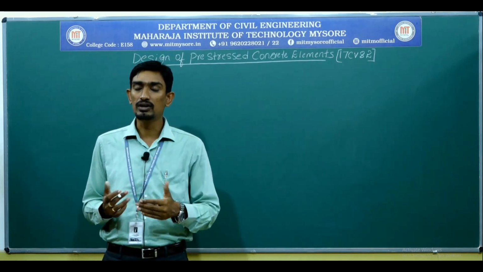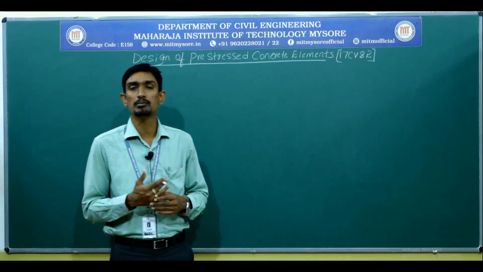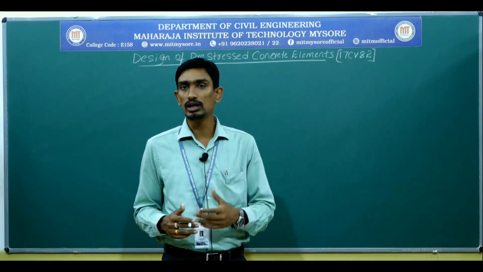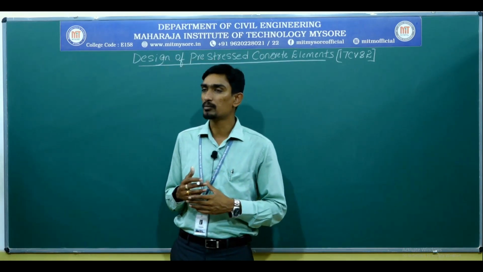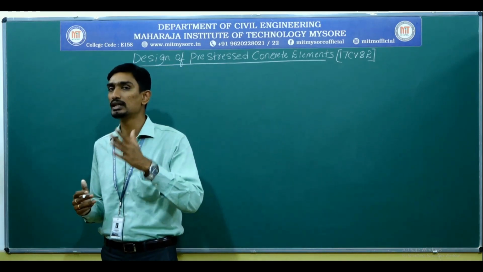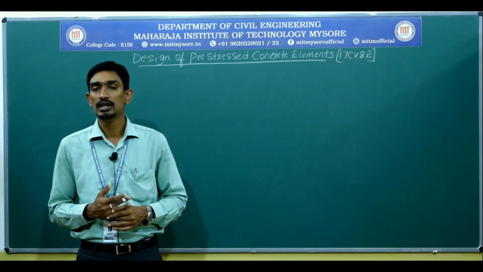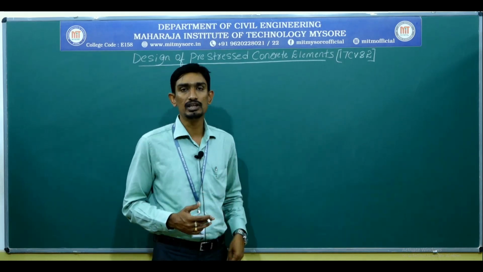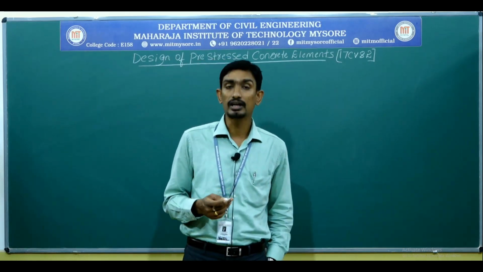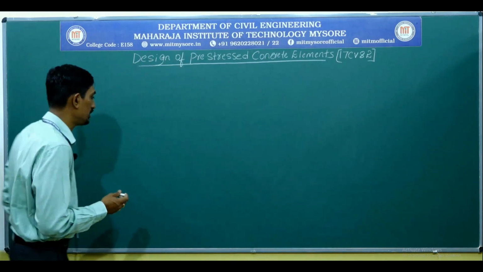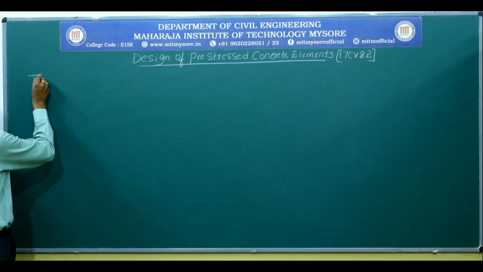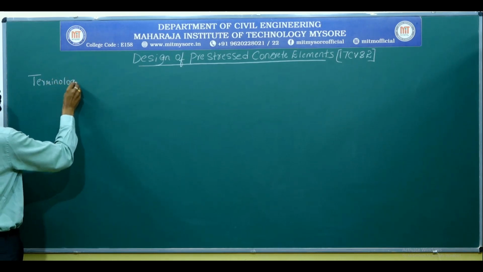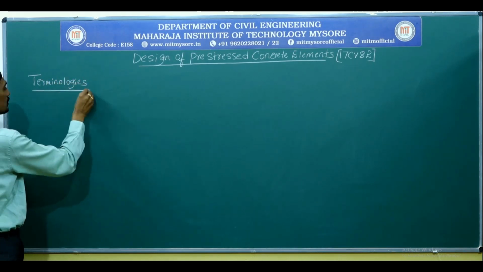If you learn these terminologies, you will be more familiar with this. Not only this, we are going to use these terminologies in the entire course of design of prestressed concrete elements. So with this, let us get into the terminologies used in PSC. Let me define one by one.